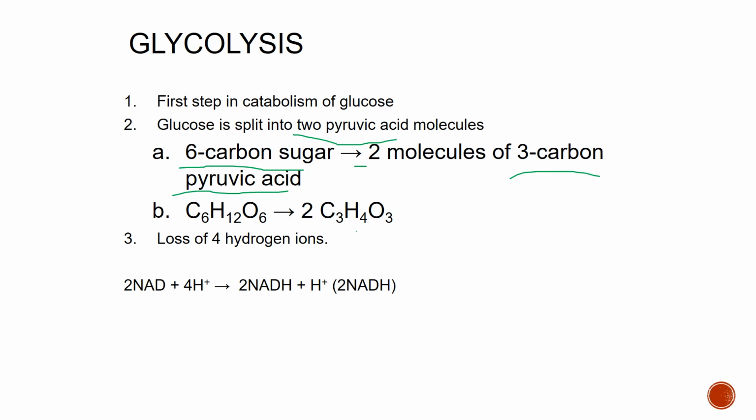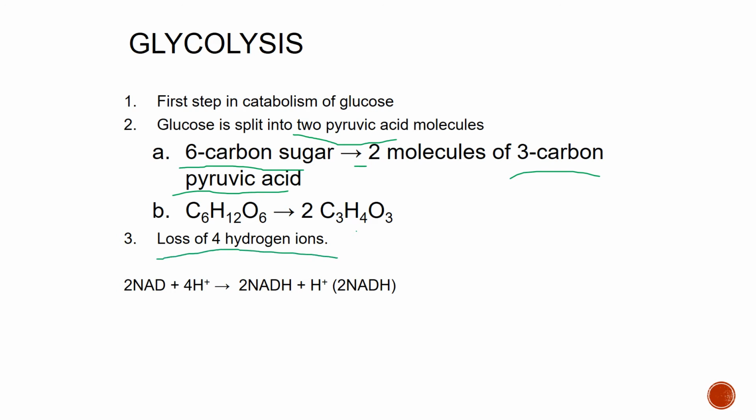There are many enzymatic steps involved, and hydrogens are also removed as intermediates in glycolysis, where each hydrogen pair donates 2 electrons to NAD. Here we're losing a total of 4 hydrogen ions.